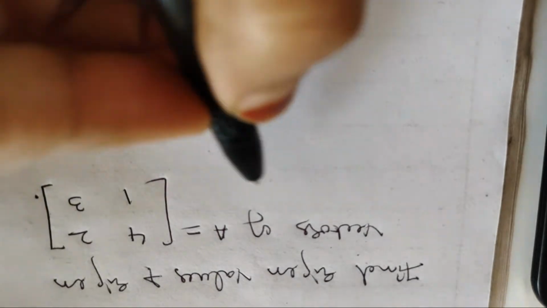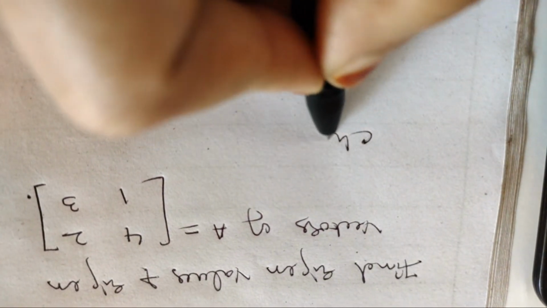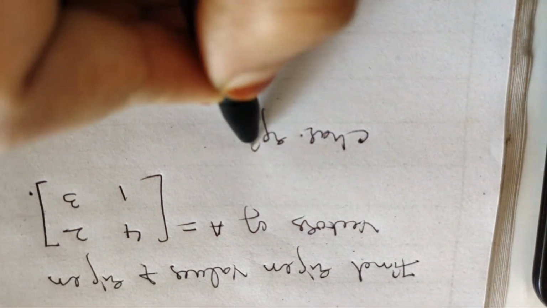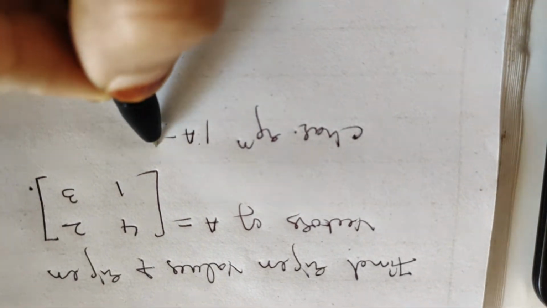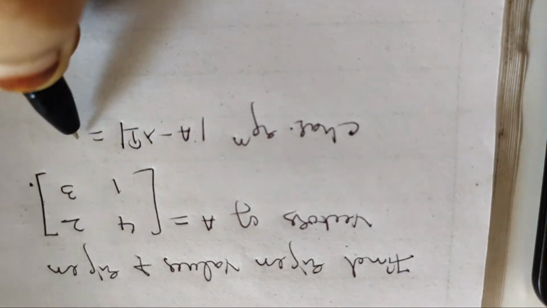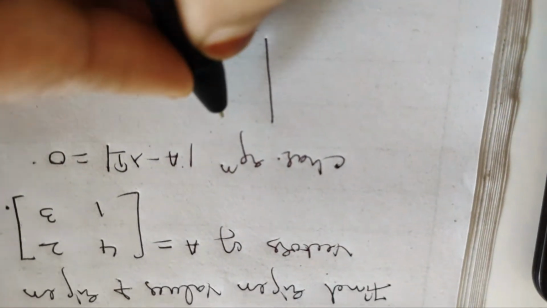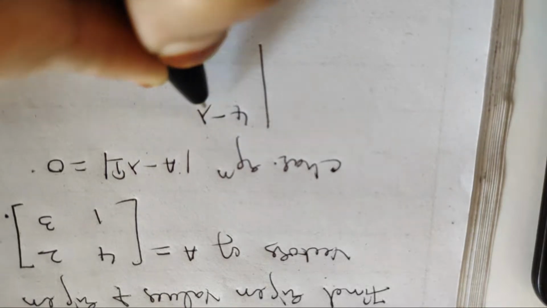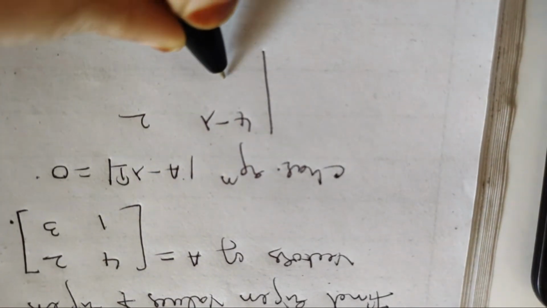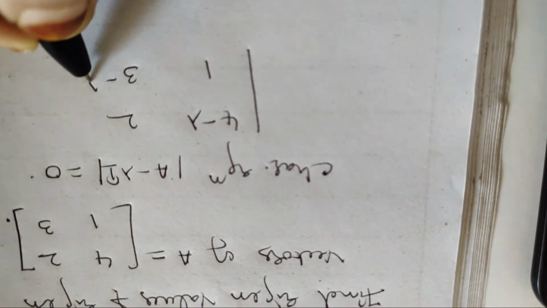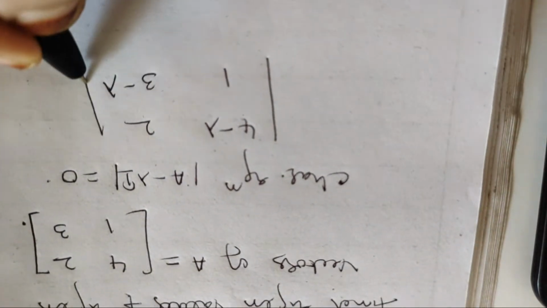First, we'll find the characteristic equation. Characteristic equation: mod of A minus lambda I is equal to 0. Then mod of, what is the matrix? 4 minus lambda, 2, then 1, 3 minus lambda, which is equal to 0.